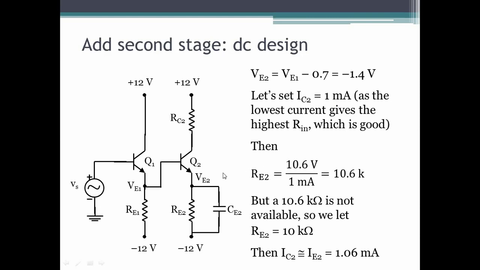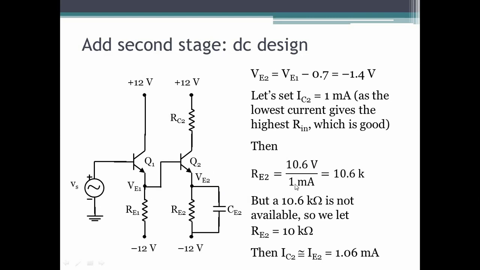So we say, okay, the current is 1 milliamp. This voltage is minus 1.4 volts. So Re2 is this voltage divided by the current. So 10.6 volts, 12 minus 1.4 is 10.6, divided by 1 milliamp. So we get Re equal to 10.6 kilo ohms.